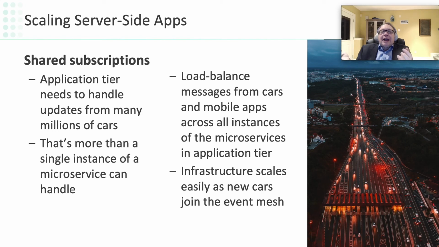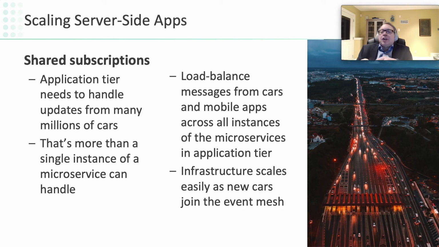And that's something that was added in MQTT 5 with shared subscriptions. You can have 1 or 10 or 100 instances of the microservice all subscribing to the same shared subscription. And then the event broker will load balance messages from the cars and messages from the mobile apps across all those instances of the microservice.